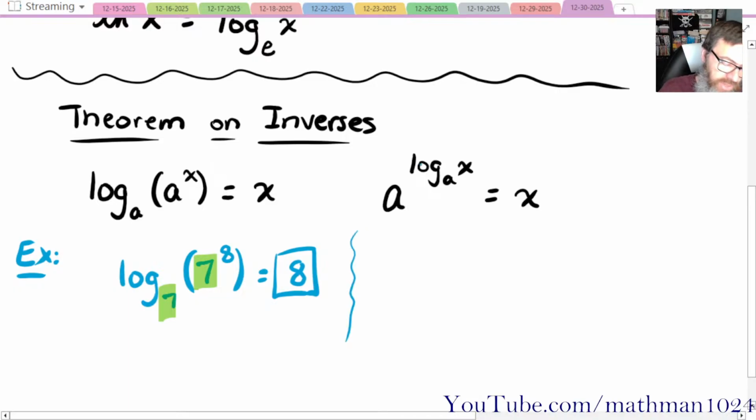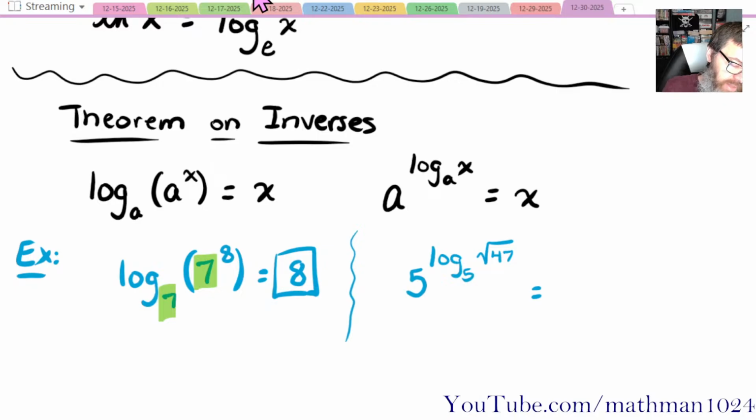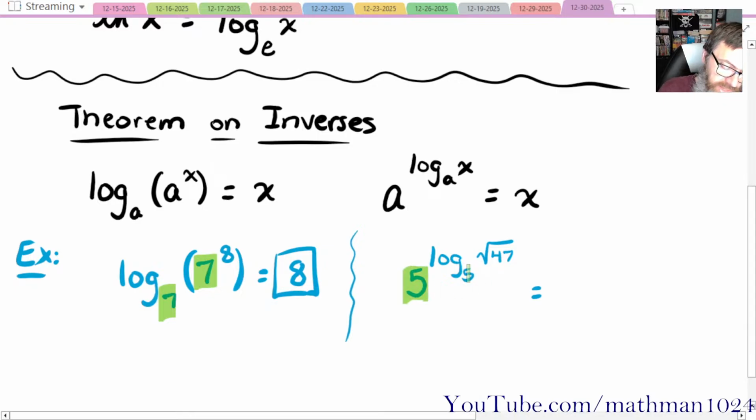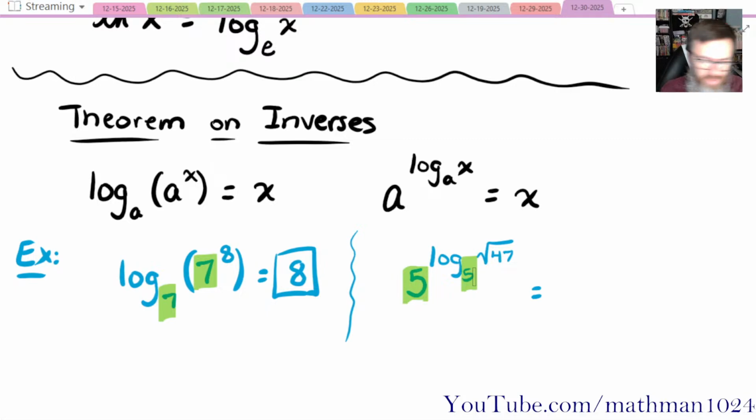An example for this other guy here, if I have 5 raised to the log base 5 of the square root of 47. Again, the bases are the same, so these guys are going to kind of cancel each other out. They're not going to cross out or anything like that.